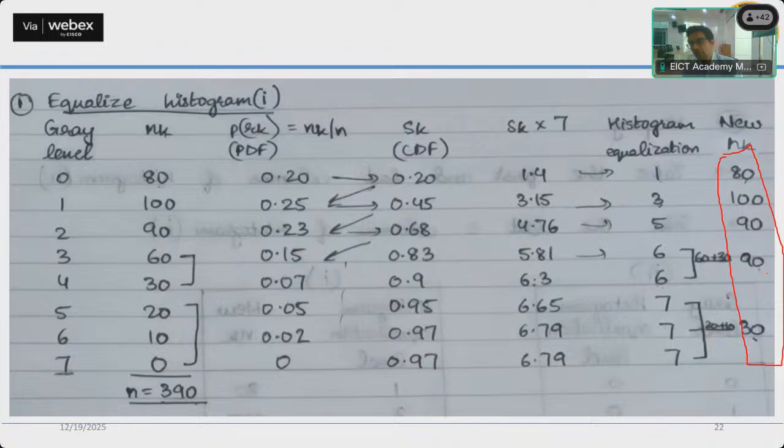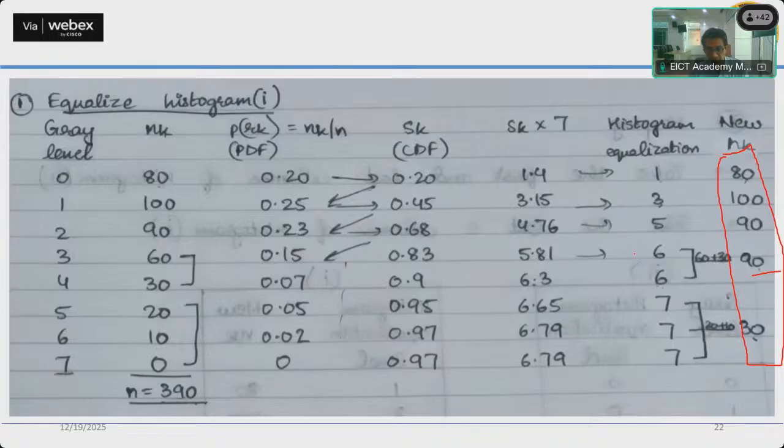What is this new n of k and how is it different? See, because some levels, some modified levels have the equal value. Two values are mapped to the same one, so that's why 6 and 6, it is basically 90. Initial one, it is the same, it is 0 to 1, but later on it is different.